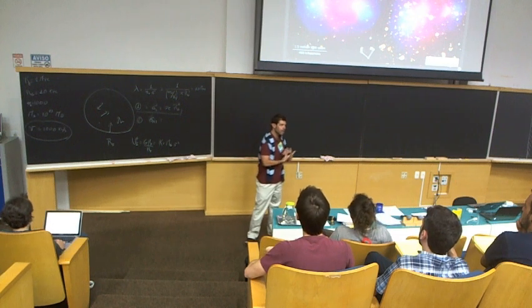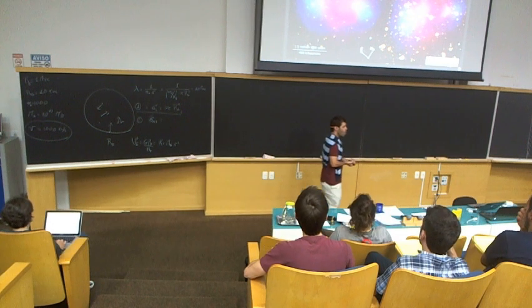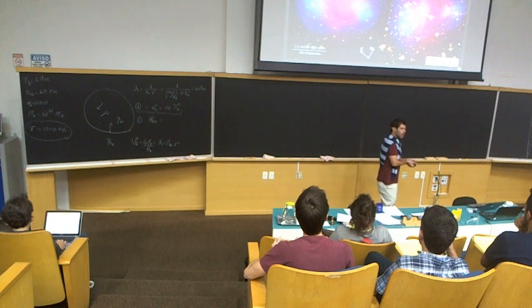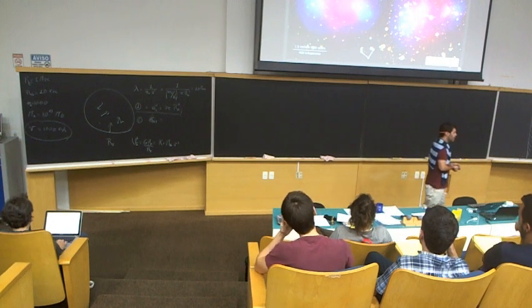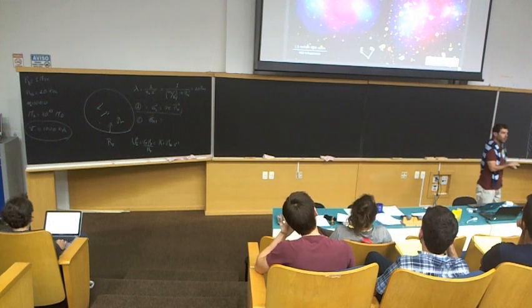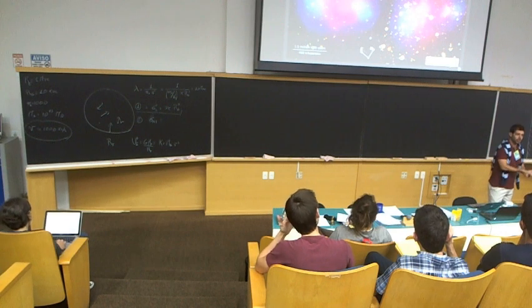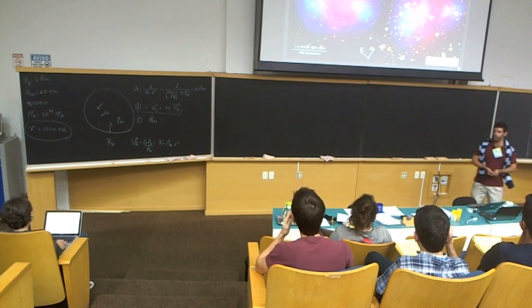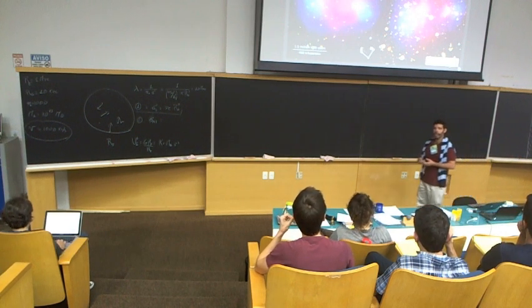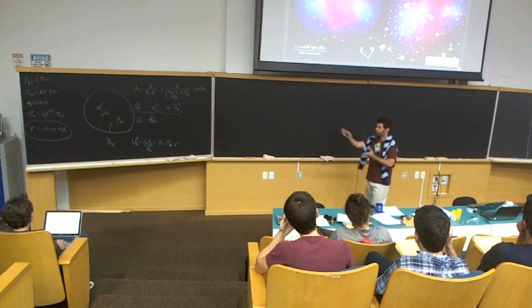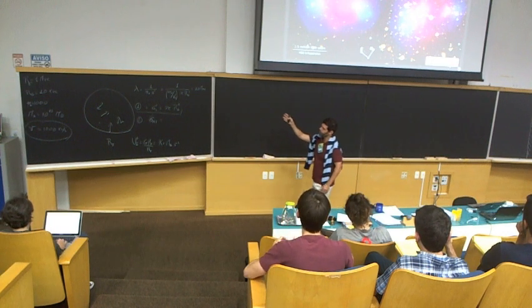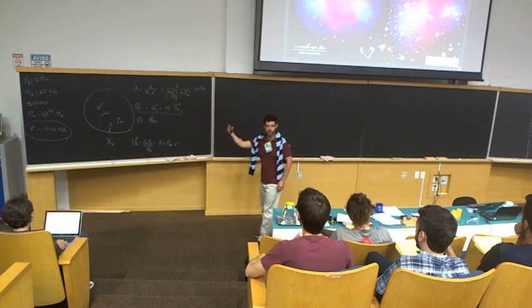Now I want to go a step further and show you that when I take clusters, I can have another proof, another constraint on what dark matter is not. The thing is that clusters behave as collisionless systems with respect to galaxies.